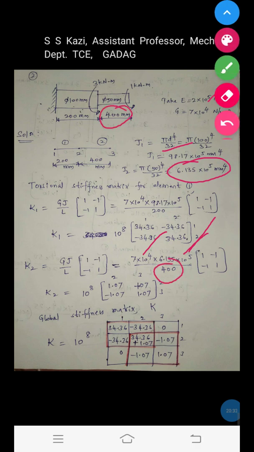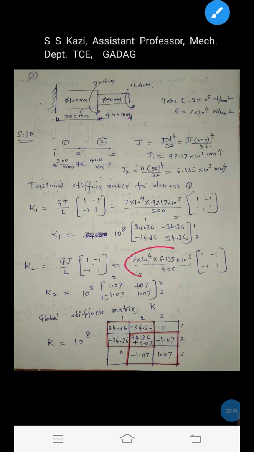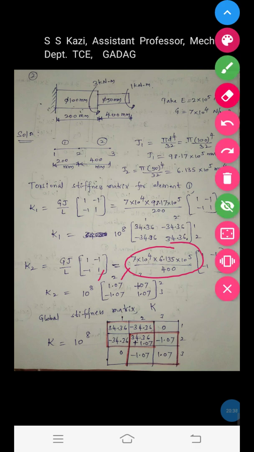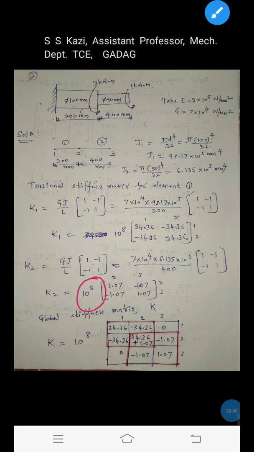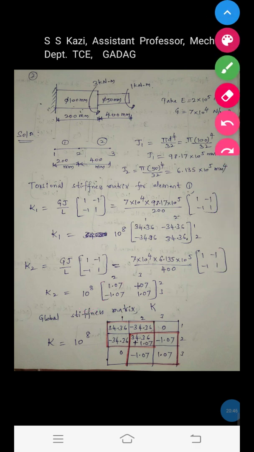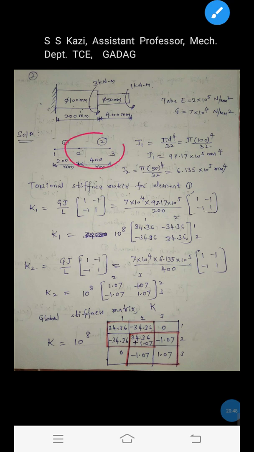If you get the ratio of this GJ by L, you will get 1.07 into 10 raised to 8, and you keep the same common factor as in case of K1, 10 raised to 8 outside and 1.07 inside. After that you write the DOF numbers for reference. For element 2 consisting of two nodes, 2 to 3, initial node 2, final node 3, you write 2 3, 2 3 here.